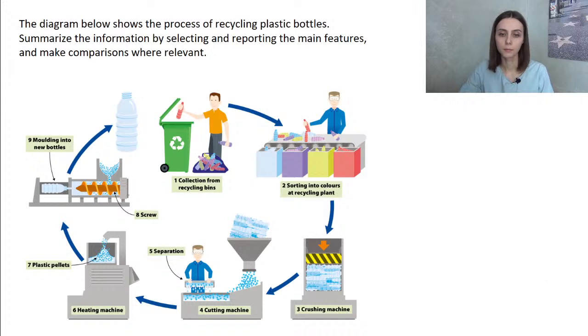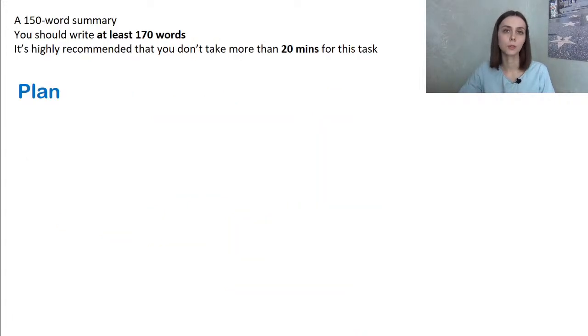Here we have the process of recycling plastic bottles and how they go through different stages. Let's take a look at the plan, in what order we have to describe it. As usual, there is the same requirement: you have to write a 150-word summary, but I'm going to remind you, you aim to write about 170 words, and you should take no more than 20 minutes for writing this task.